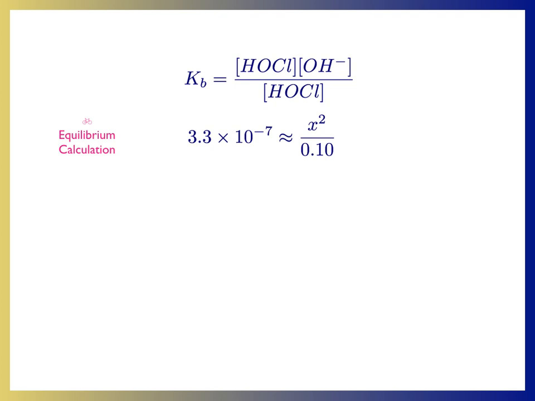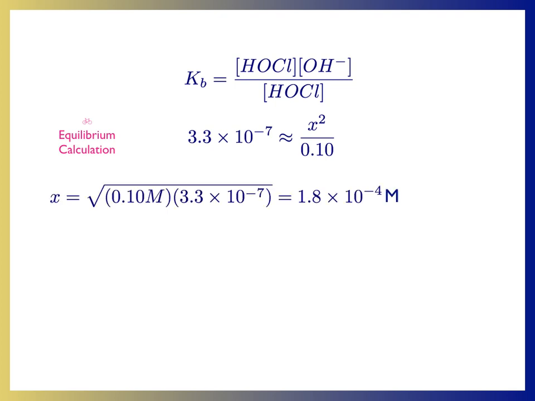If we solve for x, we find that x is equal to the square root of the product between the initial concentration of hypochlorite and Kb, which turns out to be 1.8 times 10 to the minus 4 molar. If we look back at our ICE table, we see that x is equal to the concentration of the hydroxide ion. We need to know the concentration of hydroxide to calculate the pH.